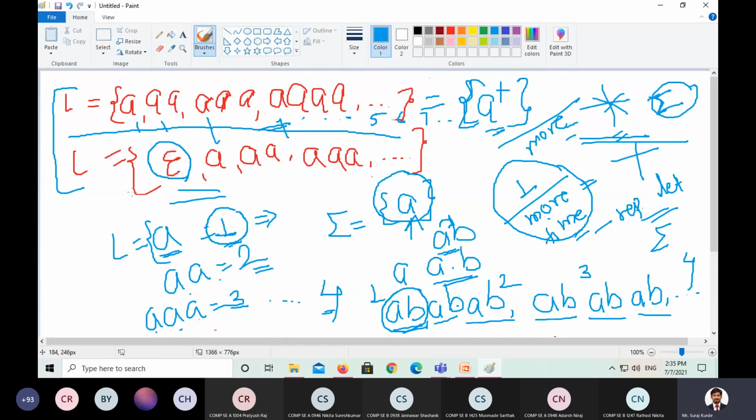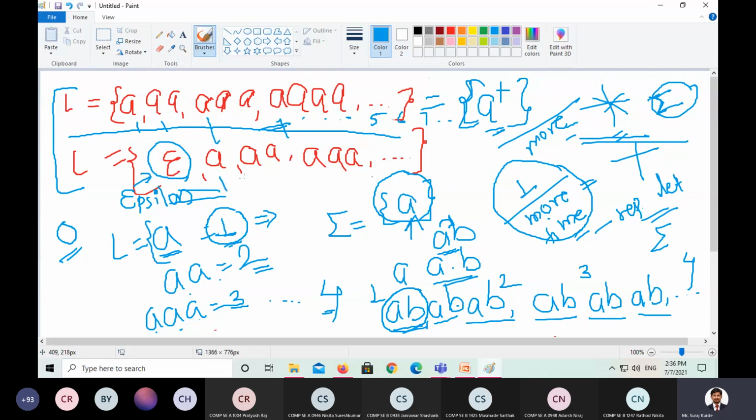This is called epsilon. What does it mean? The alphabet is repeated 0 times, or it is used 0 times. So the length is 0. Epsilon means the length is 0. And to denote that 0 length string, we use epsilon.